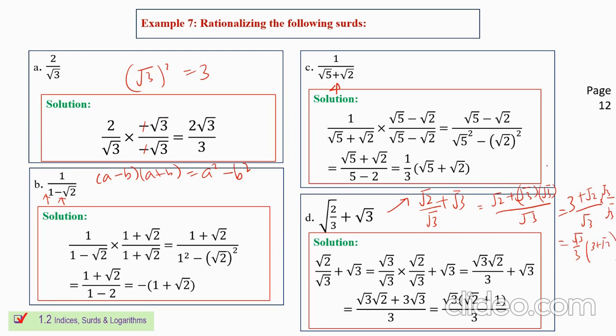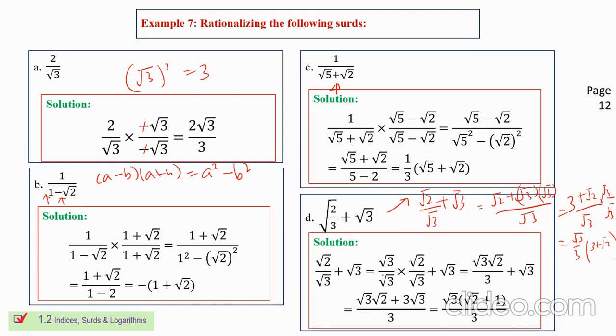Or the other way, that is we don't equate the denominator, we do it separately. So the surd 2 over surd 3, we multiply with the conjugate, because we see that the second term, surd 3, is without a surd as a denominator, so we think it's the same. So we only multiply the first part with the conjugate.